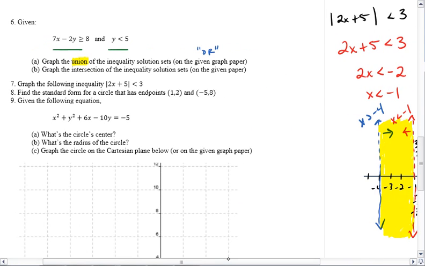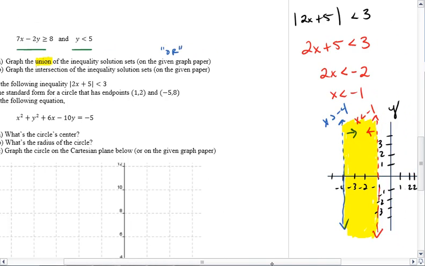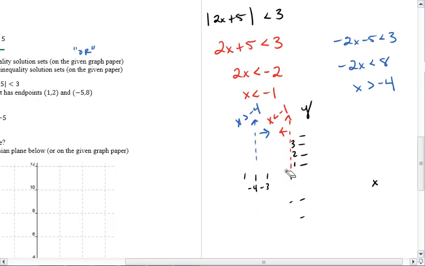Okay, next we want to find the standard form for a circle that has endpoints of a diameter at 1, 2 and negative 5, 8. For this one, recall the general equation for a circle.